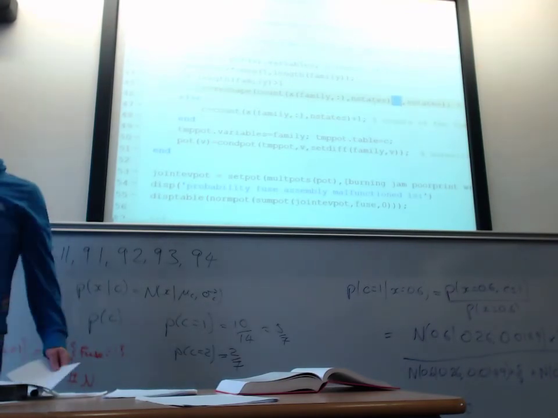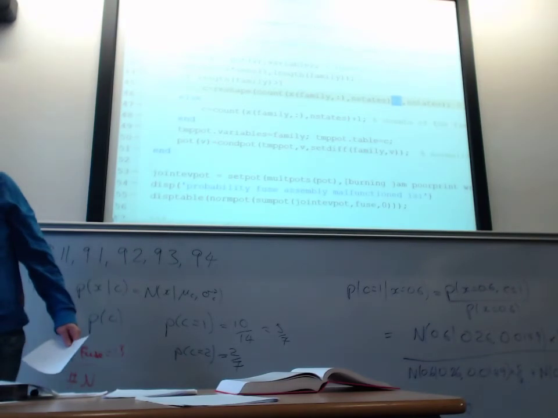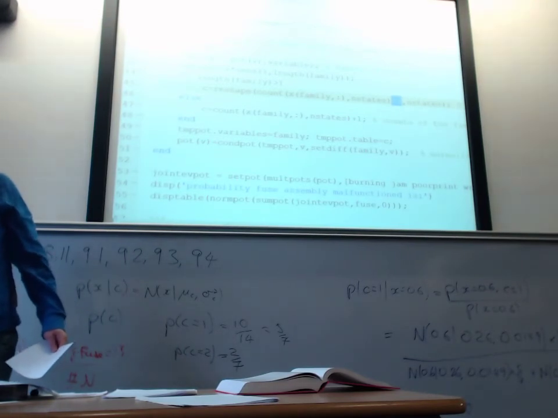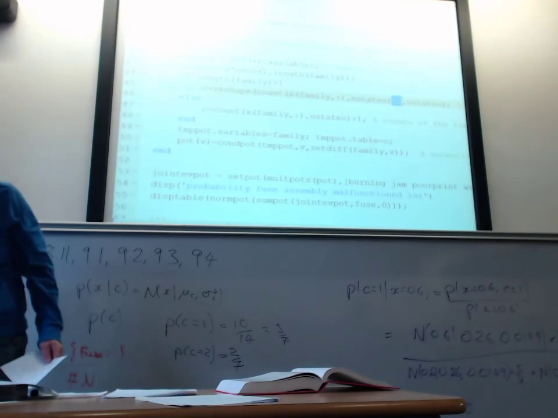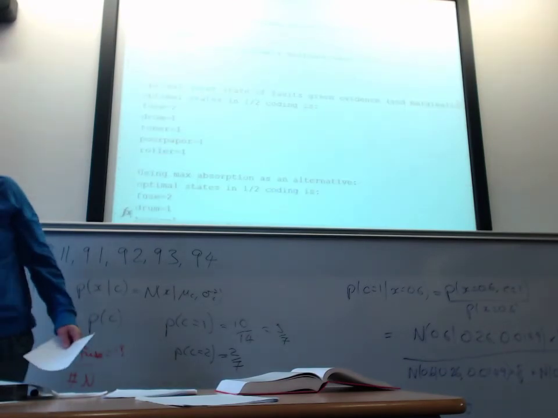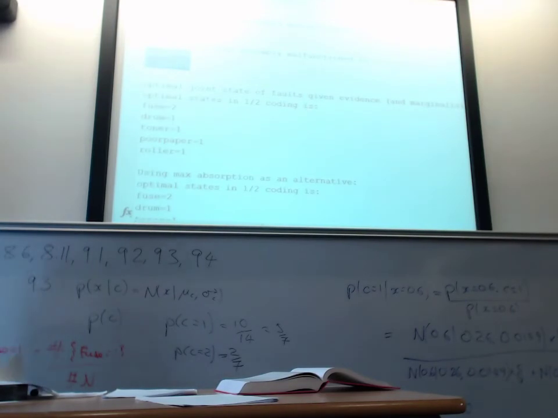And if we do that, then we get a different value for the conditional probability of fuse malfunction, which is this one here. Now, actually, we're less certain that there's been a fuse assembly malfunction because of that prior, which if you think about it makes sense.